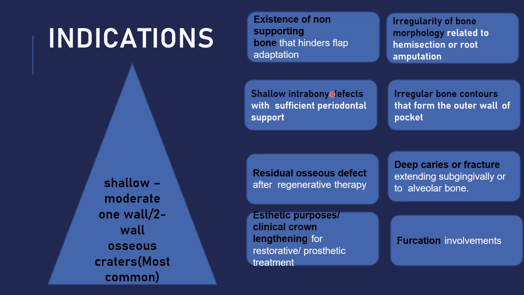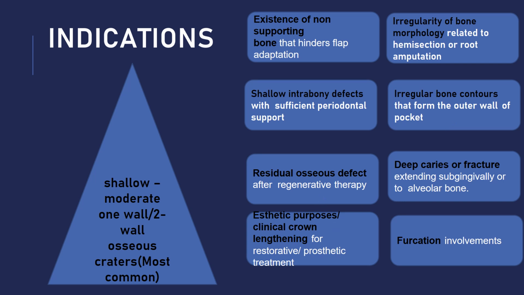Then shallow intrabony defects, as we said before, with sufficient periodontal support, you can go for this osseous surgery. And irregular bony condyles that form the outer wall of the pocket can be removed.